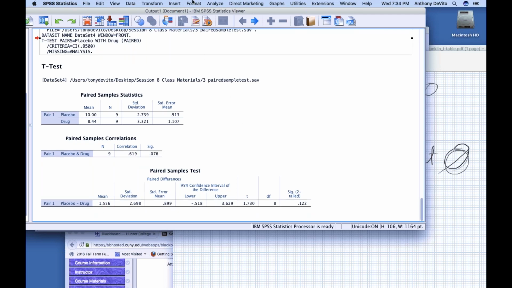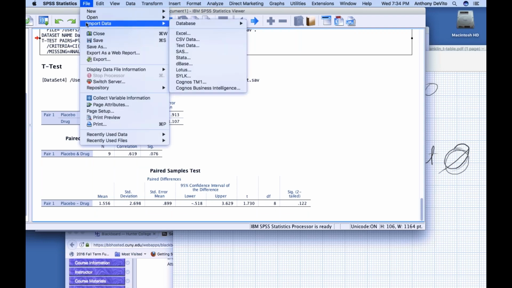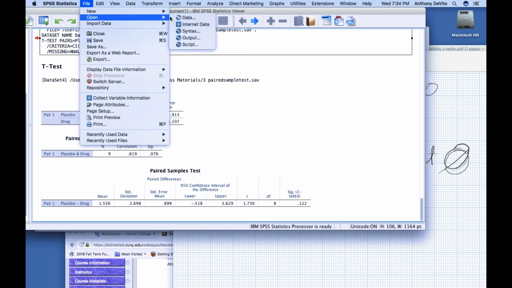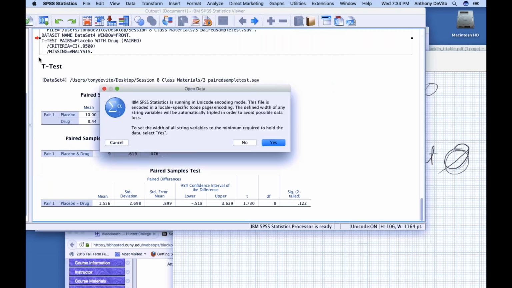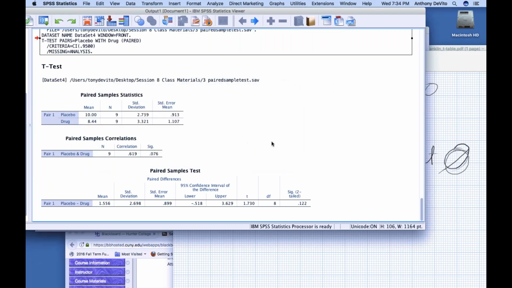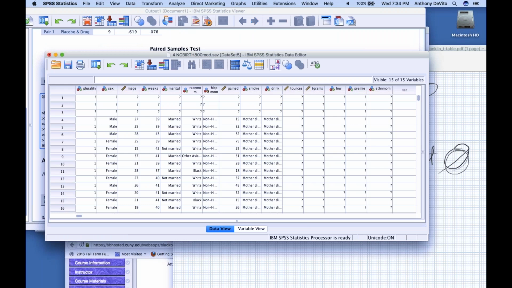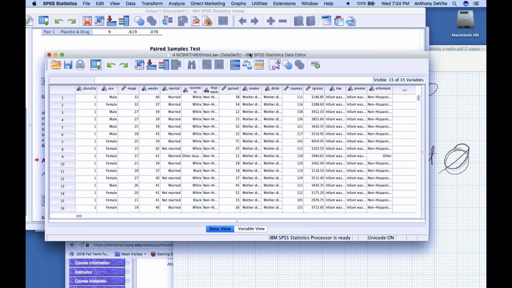Okay, so now analyze. Wait, let me open another data file here. Open, import data, open data. Okay, so now as in the video that you just watched, I went through an example where I opened the North Carolina birth data and did a t-test there.